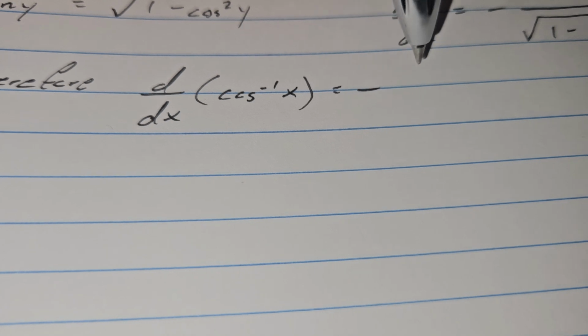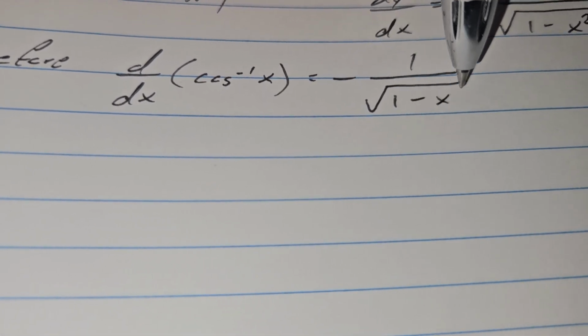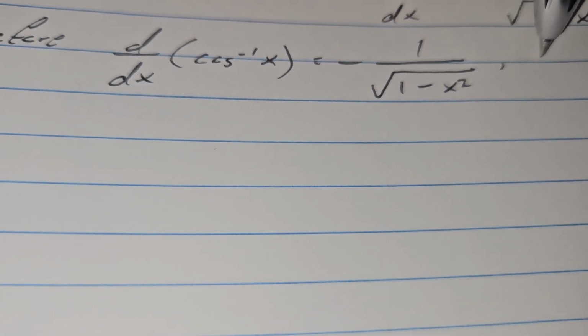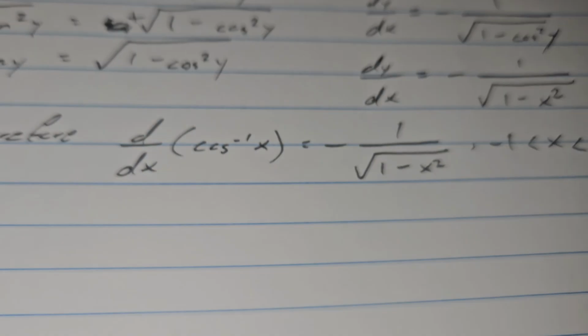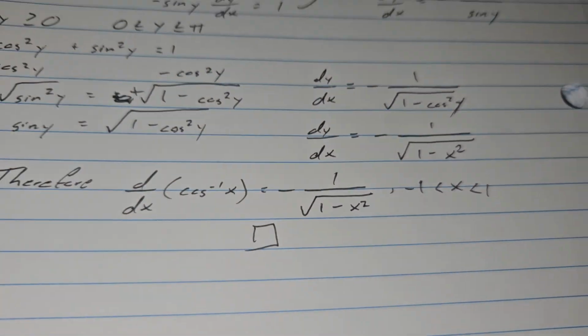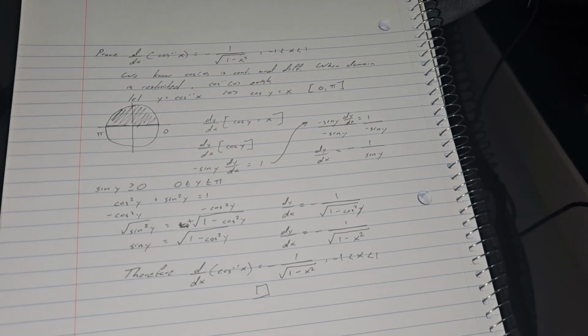So therefore, the derivative of cosine inverse of x is equal to negative 1 over the square root of 1 minus x squared, for x between negative 1 and 1. So we have proved this identity. So yeah, that's pretty much how you do this, and that is it.